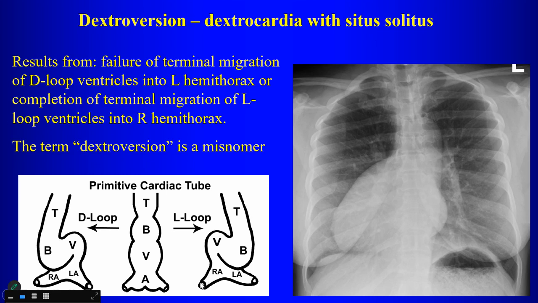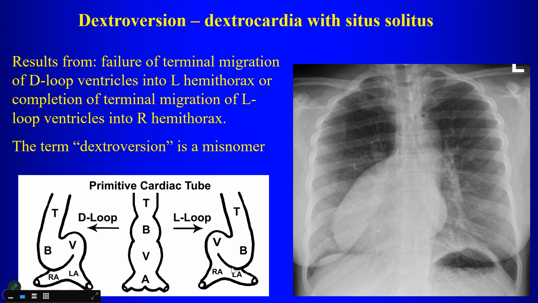Since this is a discordant cardiac loop, you would also expect this person to have what? Atrioventricular discordance, right? You can see that, right? And discordant cardiac loops with atrioventricular discordance almost always would also have what regarding the ventricular arterial connections? Transposition, right?